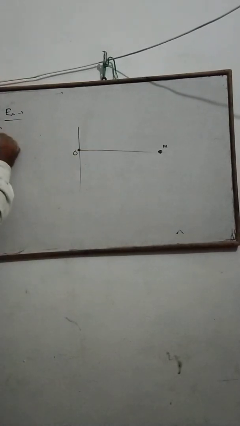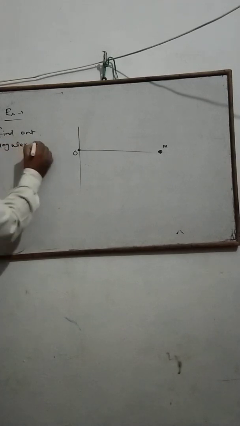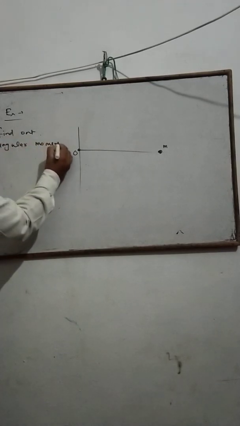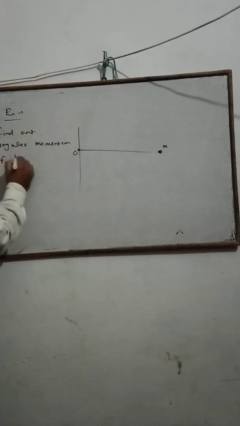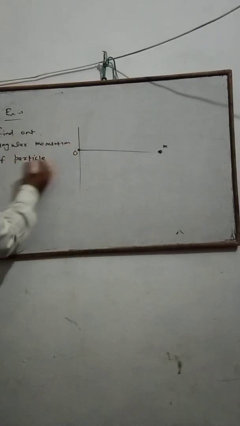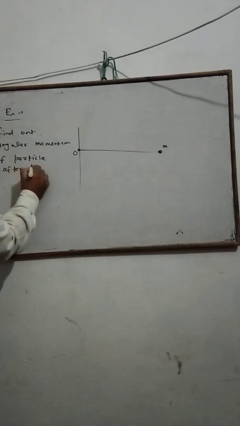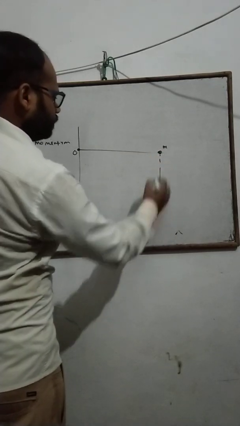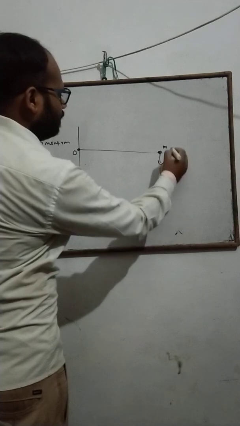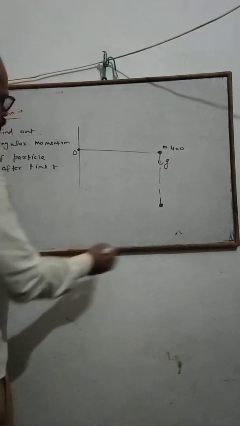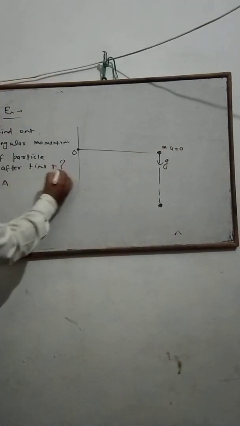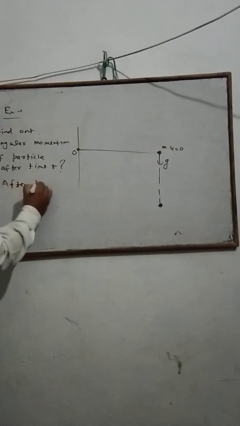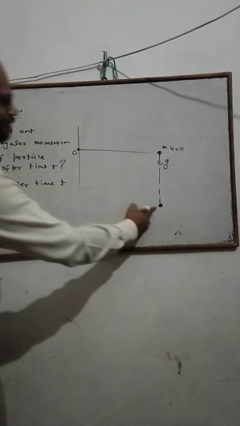You have to find out the angular momentum of the particle after time t. So after time t, it will reach here under the effect of gravity. Initial velocity is 0. So after time t, what will be its speed?